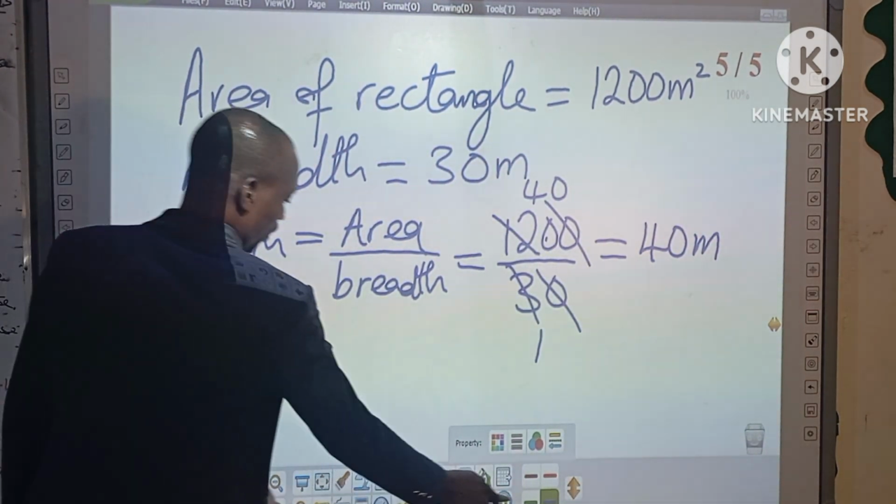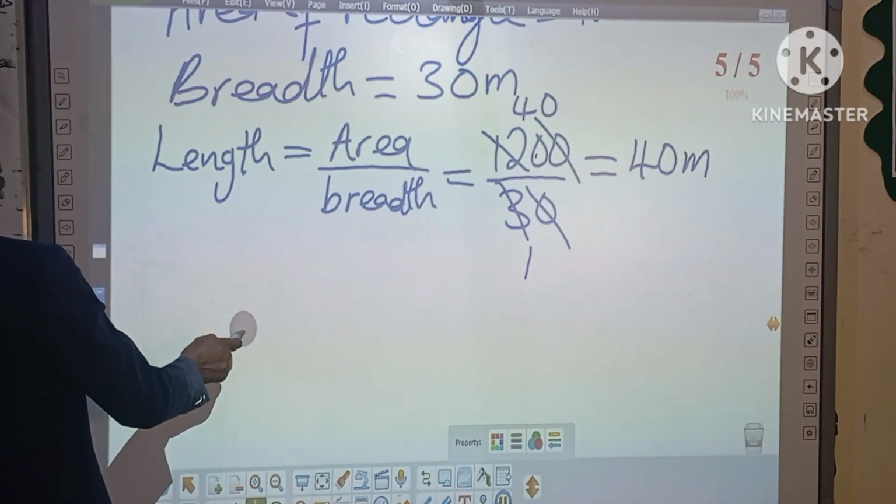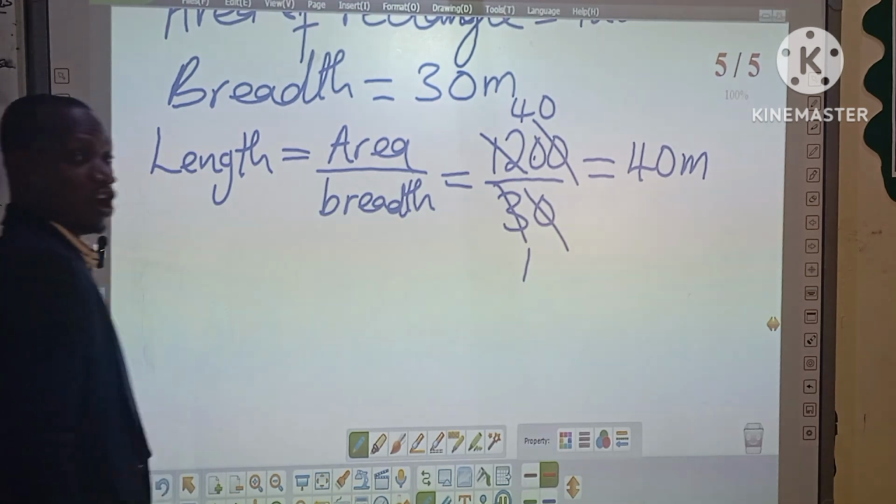Now, looking for the perimeter, we simply input this variable into the formula for calculating the perimeter of a rectangle.